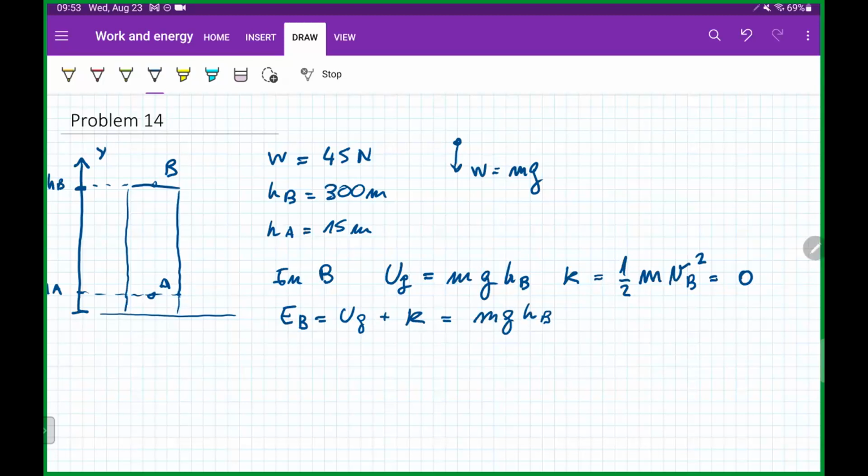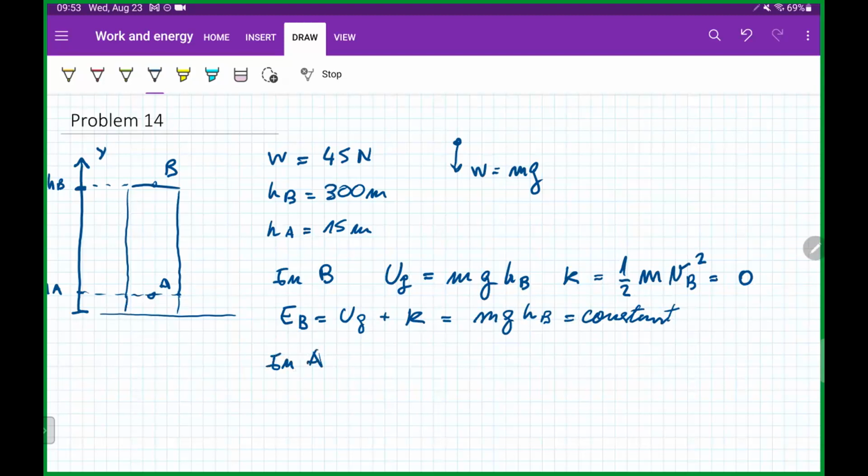And we know that this should be constant because there's nothing else acting here but the weight. And then we can take a look at A.